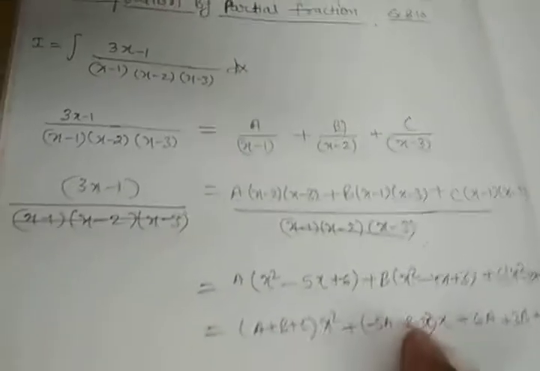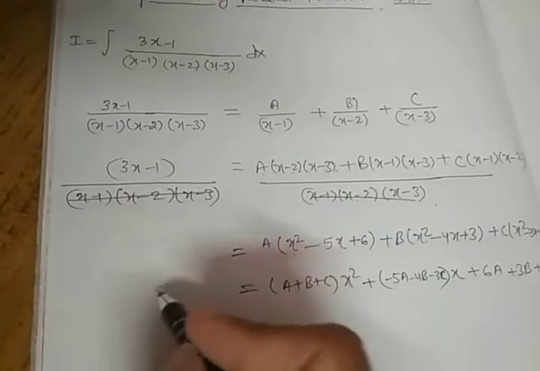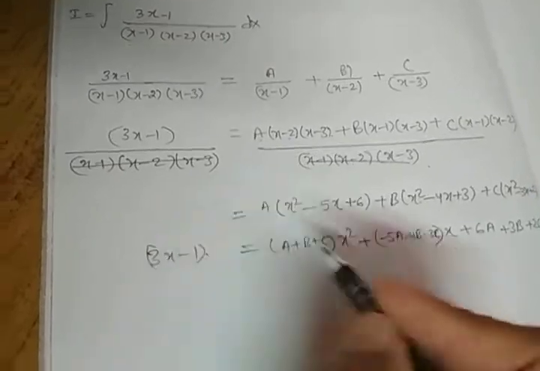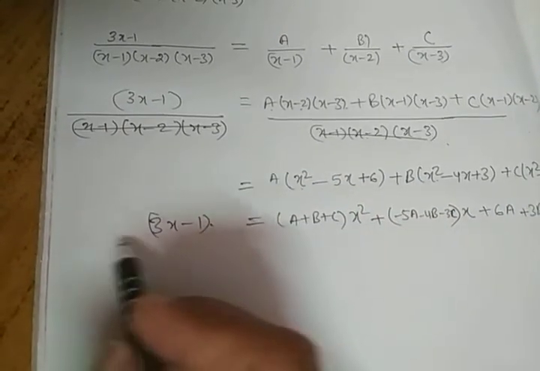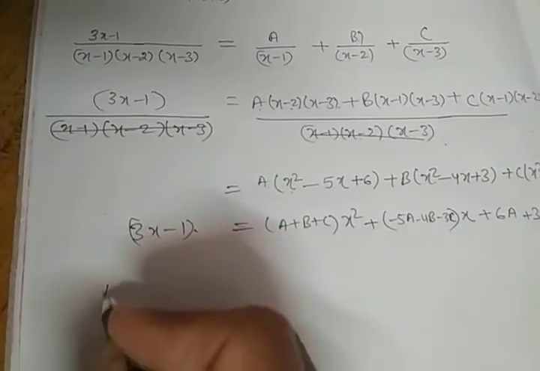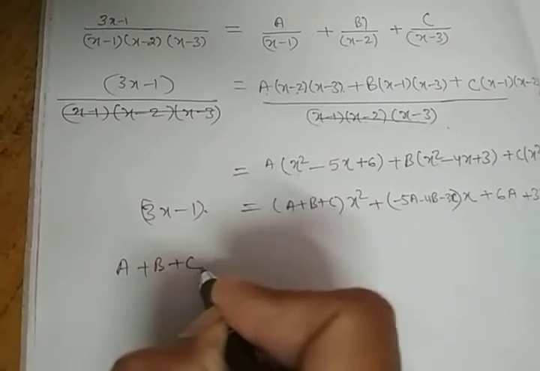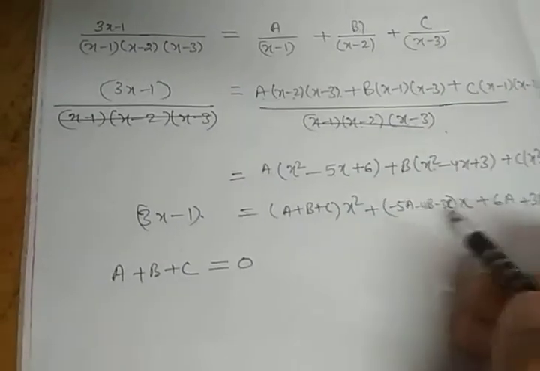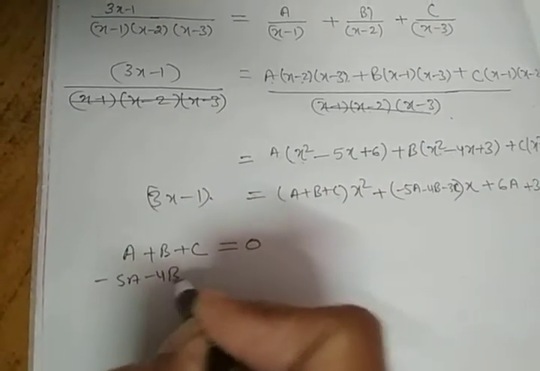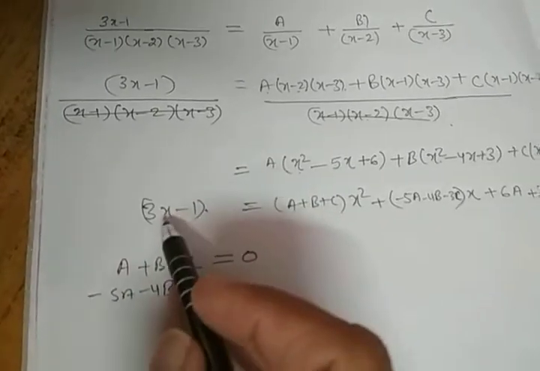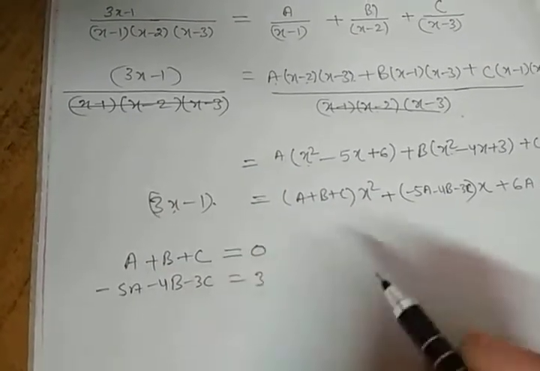We have to separate the coefficient of x square, x and the constant. And now we are comparing both sides. On this side the coefficient of x square is A plus B plus C, on the other side there is no x square, that is, the coefficient is 0, so A plus B plus C is equal to 0. On this side the coefficient of x is minus 5A minus 4B minus 3C, equal to the coefficient of x on the other side, which is 3.